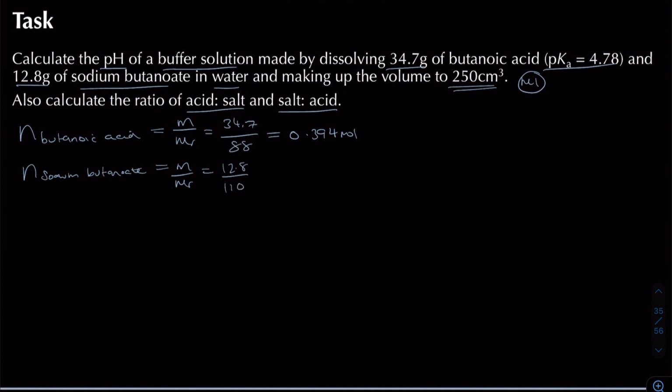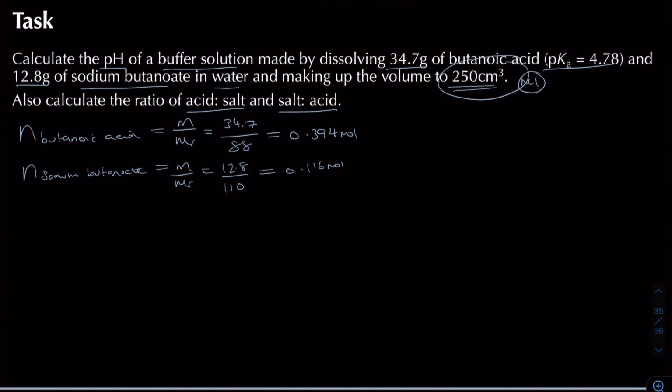Now remember, when we're working out Mr, we're actually looking at the Mr of sodium butanoate, because that is our salt itself. That's what we've dissolved. We don't just look at butanoate on its own, we look at sodium butanoate. And so if that's the case, right, we end up calculating a value of 0.116 moles itself, right?